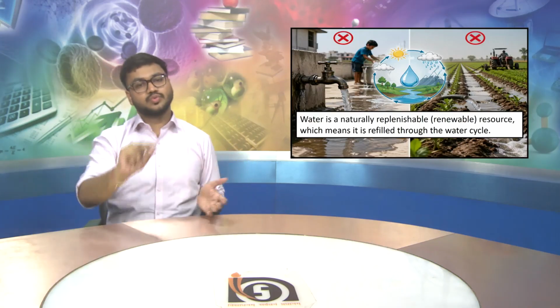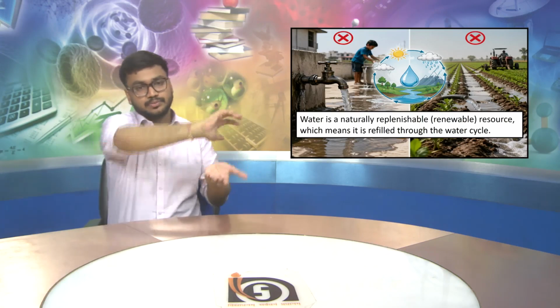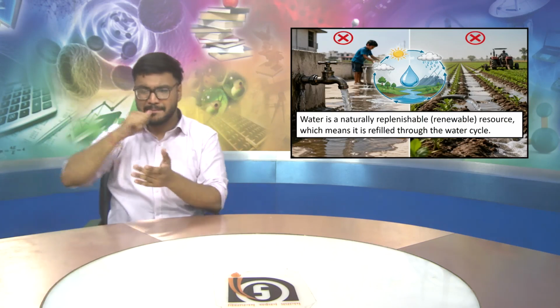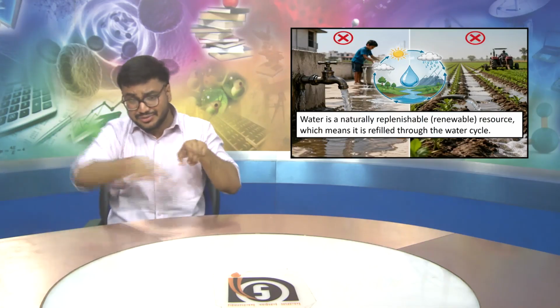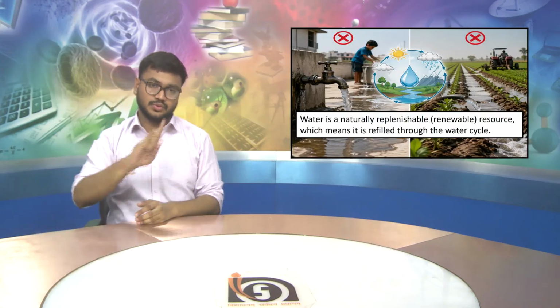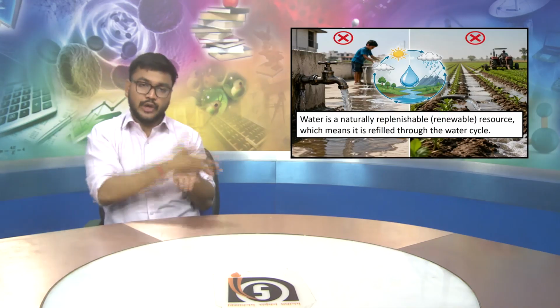This picture shows water wastage and its impact. Overuse and wastage of water are causing water scarcity. For example, leaving taps open unnecessarily or excessive use of water in agriculture.